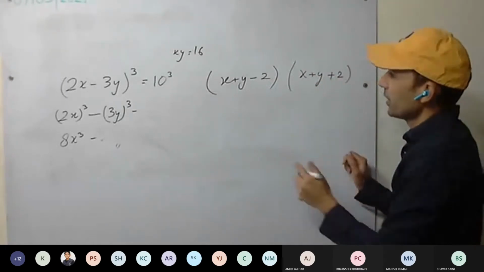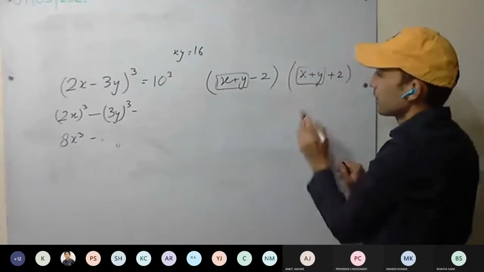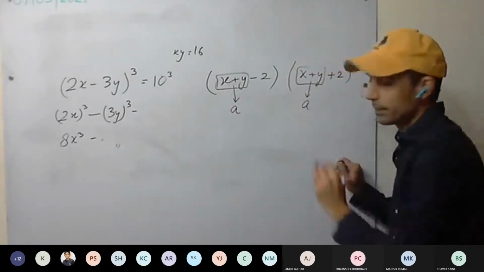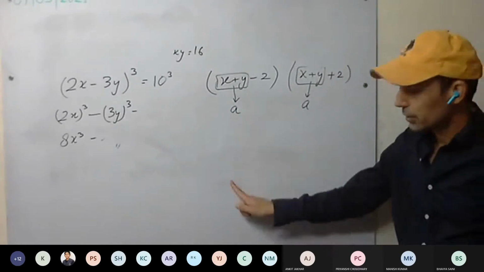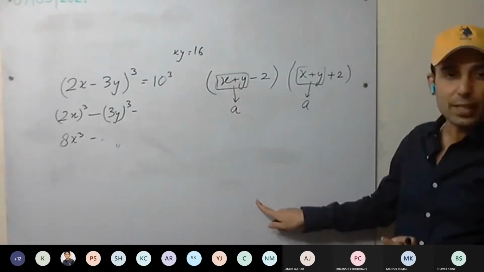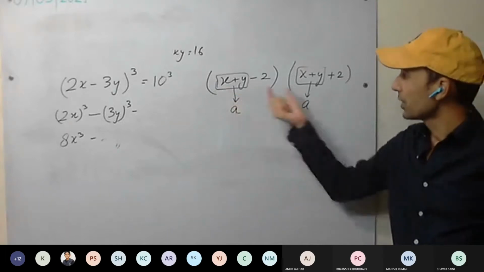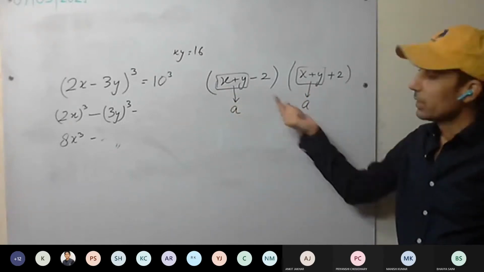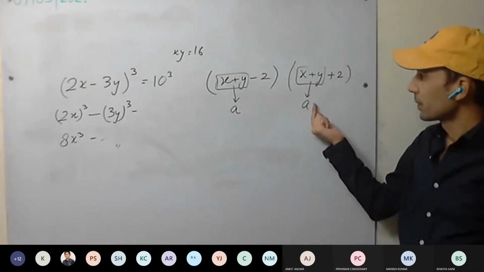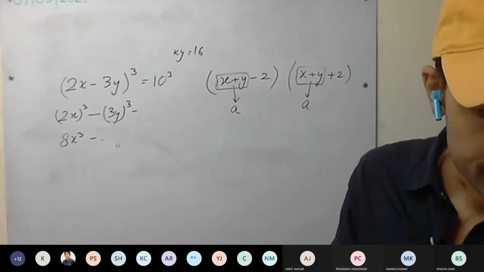If such a question is there, you can see x plus y, x plus y. We can substitute it by a, yes or no? Then we can solve. At last, a equal to x plus y we can put. Can we do like that? 3 terms we can reduce to 2 terms, and we can solve it. Try to do that one.